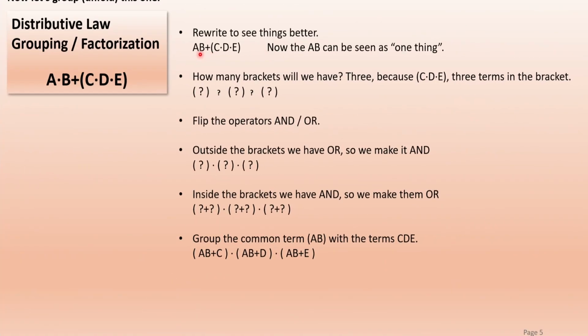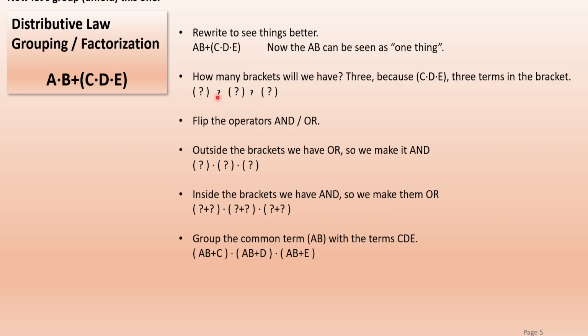So how many brackets are we going to have with the ANDed variables? We have 1, 2, and 3, and that AB thing. So yes, we're going to have one bracket, one bracket, one bracket. So 3 brackets. And we're going to have something in each bracket. What are we going to have as operators?